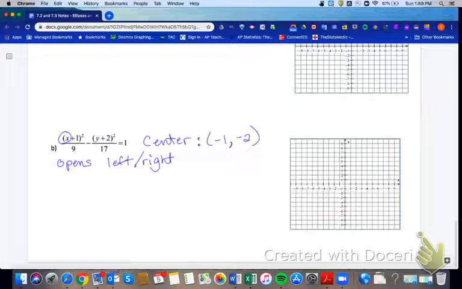All right, a squared always comes first. So a squared equals 9, meaning a equals 3. B squared equals 17, B equals the square root of 17, which is approximately 4.1. As we begin with the center, center is at -1, -2.